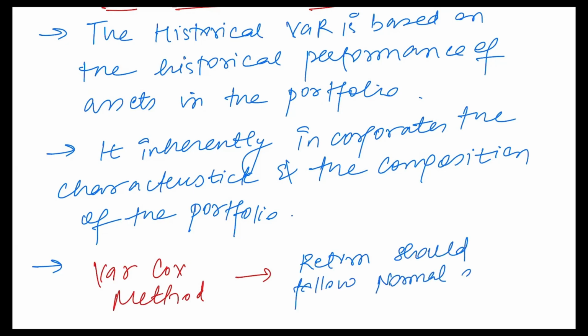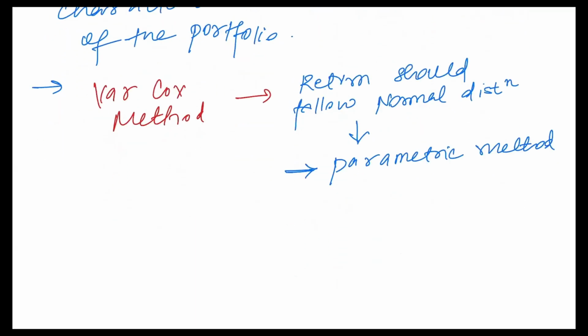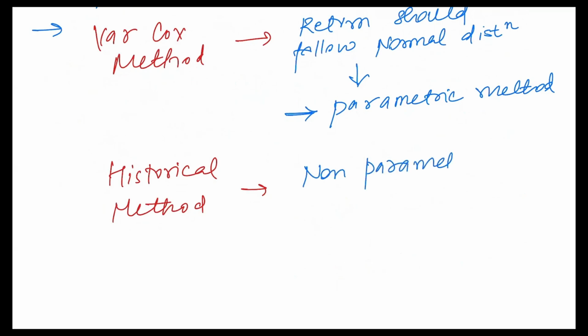Whenever we make certain assumptions on the distribution, that method is said to be a parametric method. In the historical method, we are not making any assumptions on the data, and for that reason it is called a non-parametric method.